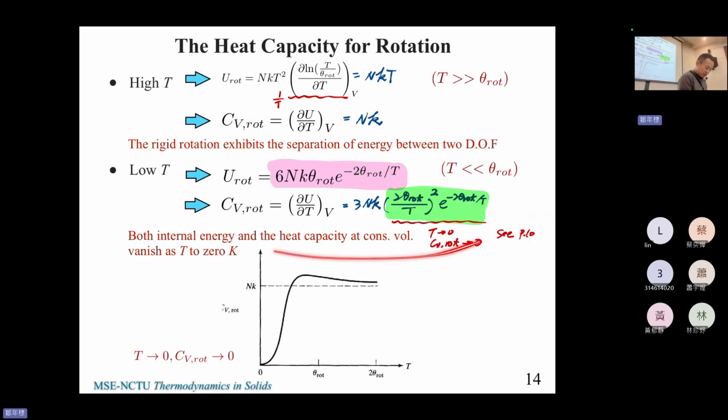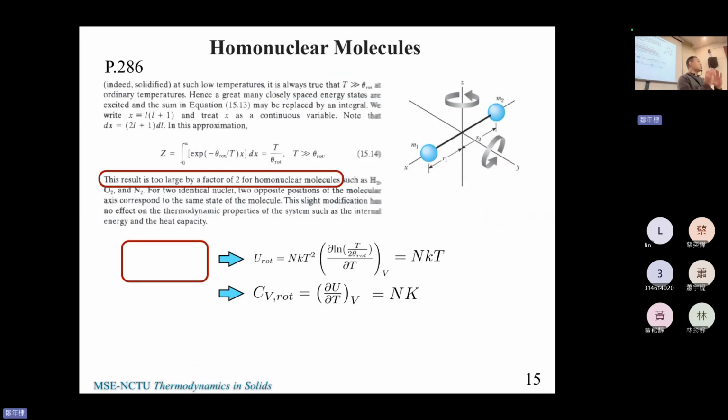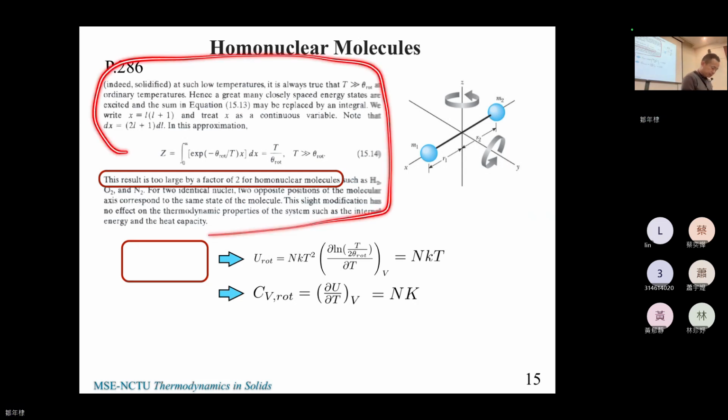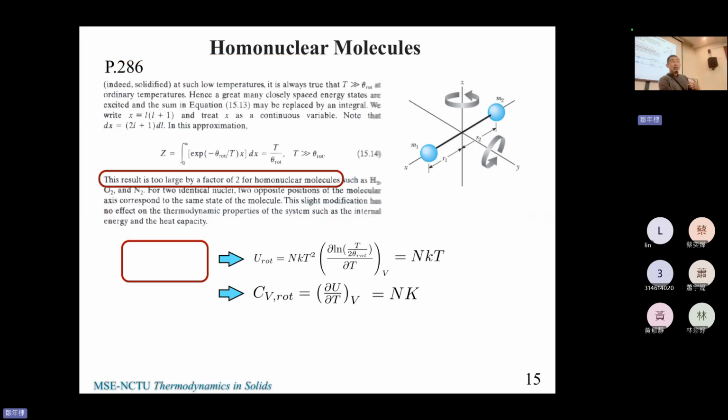All right, next, this is really important. So you got the result Nk and 0, no problem. But this is the textbook, page 2A6. Very vague, very not clear. Okay, when it talks about homonuclear molecules, which means that you have the diatomic gas with the same atom, like H2.